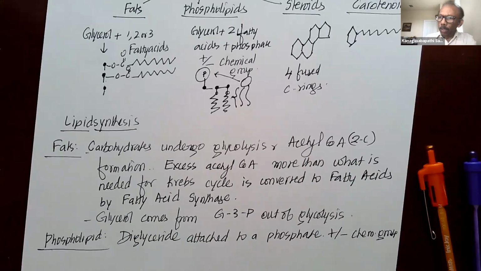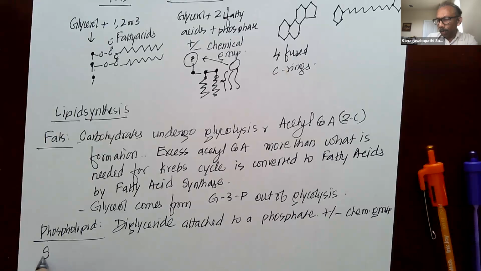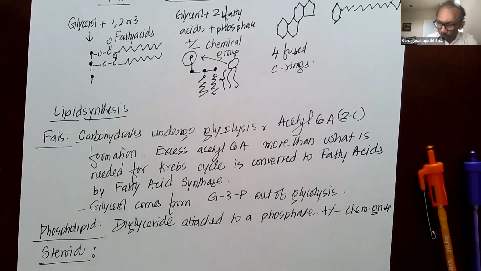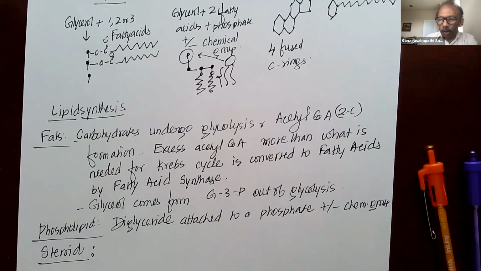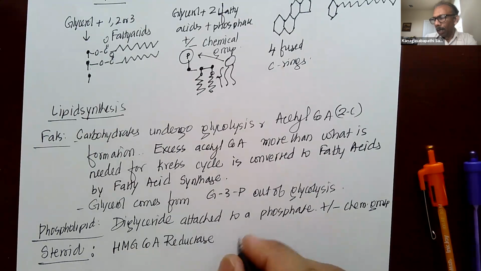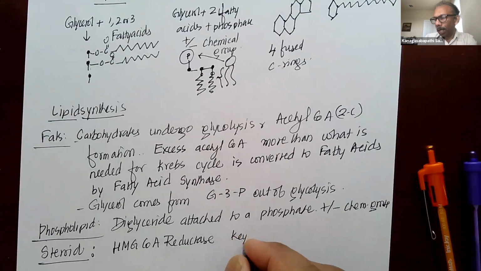So the next one, how do you make steroids? The steroid is an essential molecule for the cell membrane, without which fluidity is not maintained. There is an enzyme called HMG-CoA reductase, which is the key regulatory enzyme.